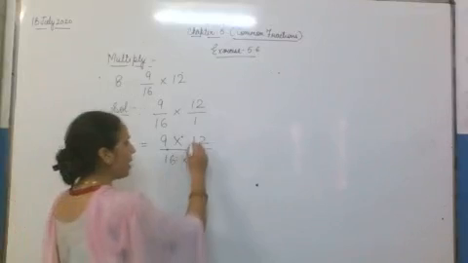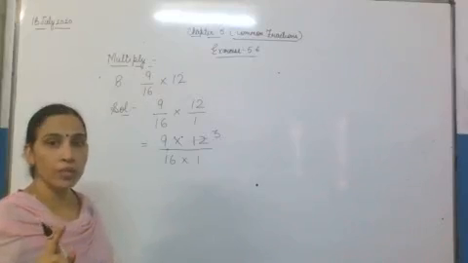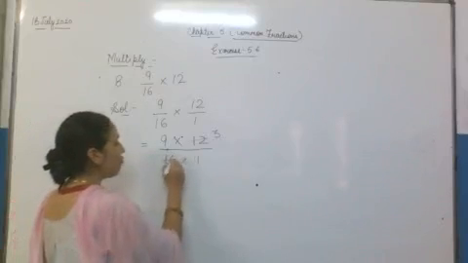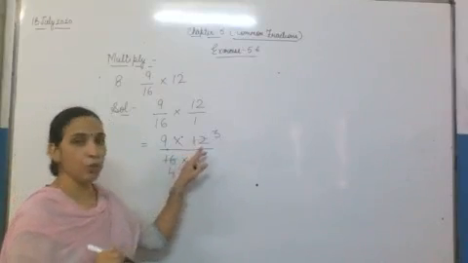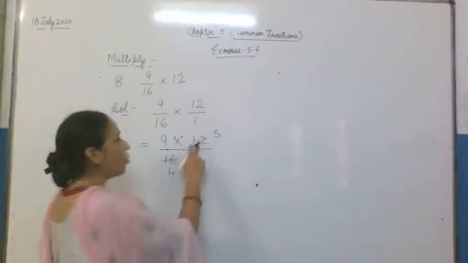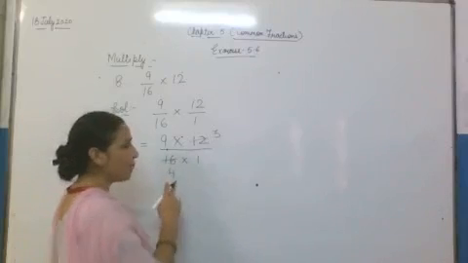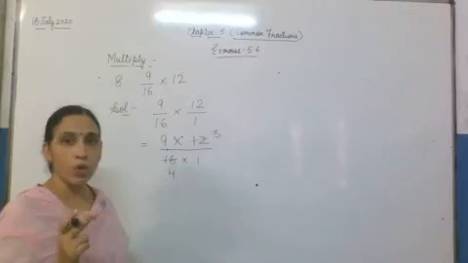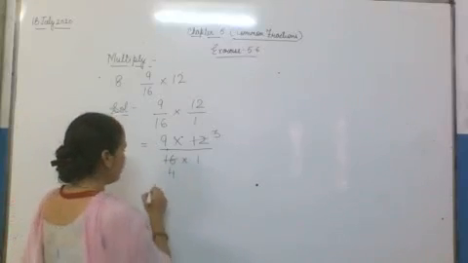So let's start. 4 threes are 12, and 4 fours are 16. See, again, we have reduced it with the table of 4.